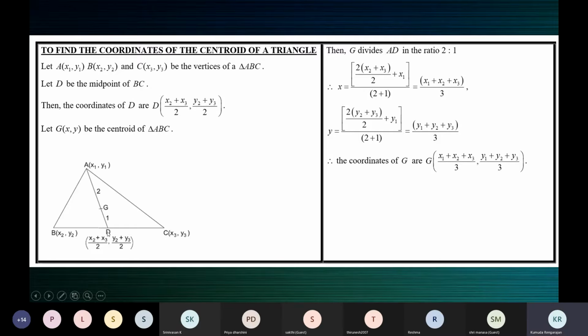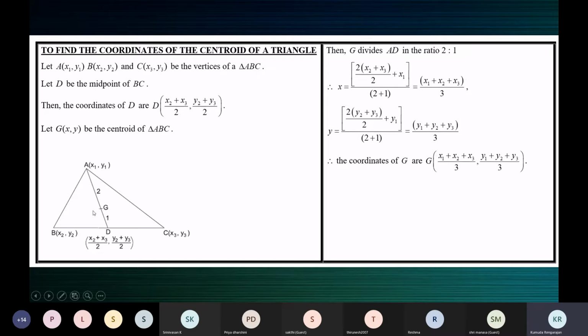AD is the line segment. You know the coordinates of A and the coordinates of D. G is a point on AD. G divides AD in the ratio 2:1. Now we are trying to find the coordinates of the point of division G. That's the direct application of the section formula.